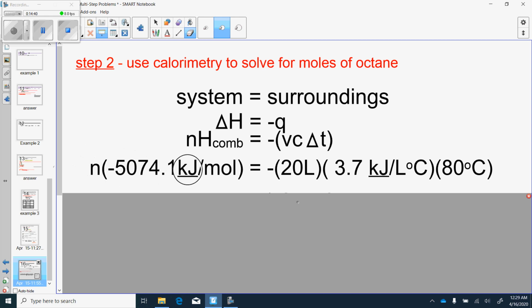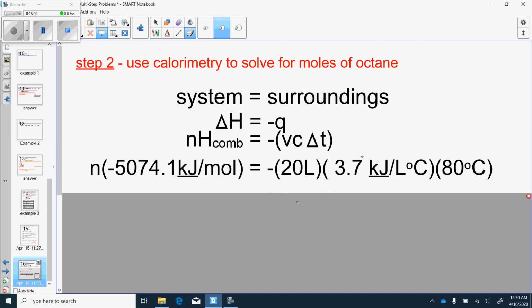I underlined the kJ, the kilojoules, because you just have to make sure they're the same on both sides. This is measured in kilojoules, and the specific heat capacity is measured in kilojoules. So we're good to go. If they're not the same, we might have to do some converting, but in this case, they're the same.